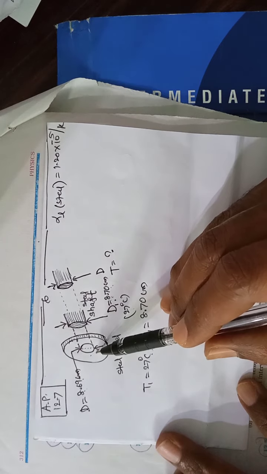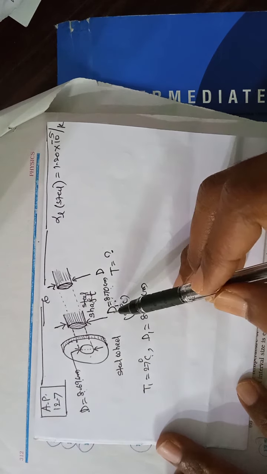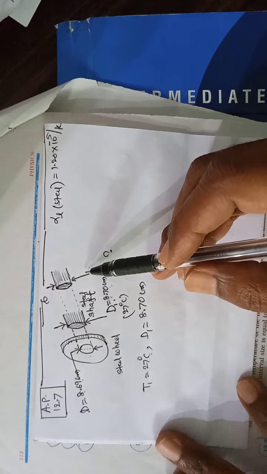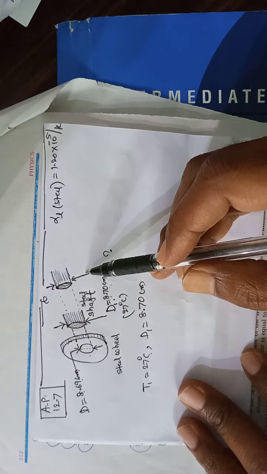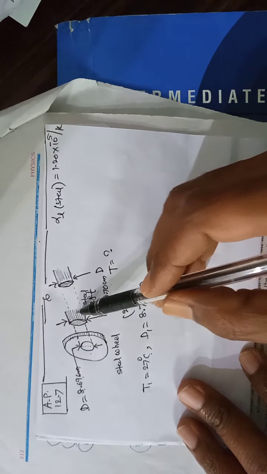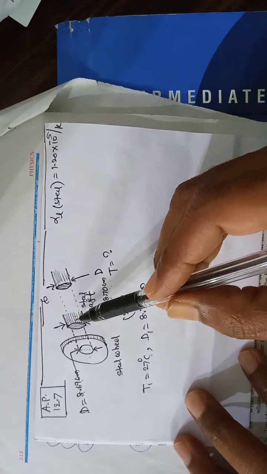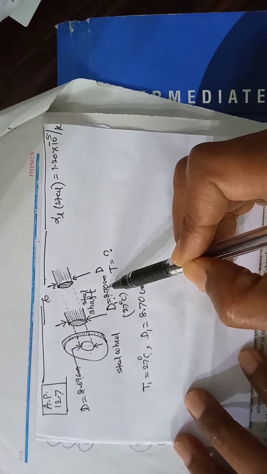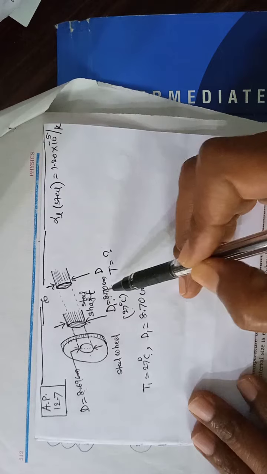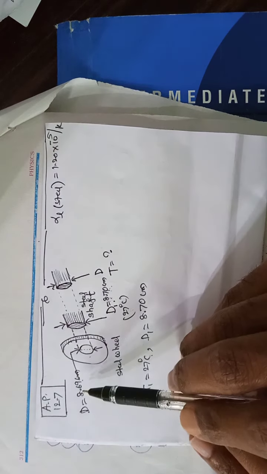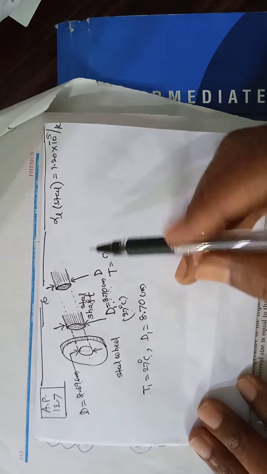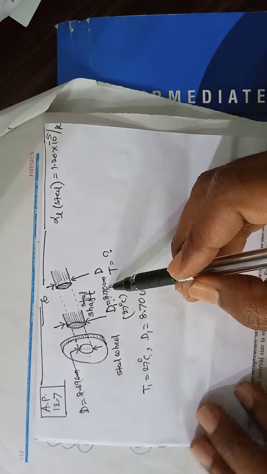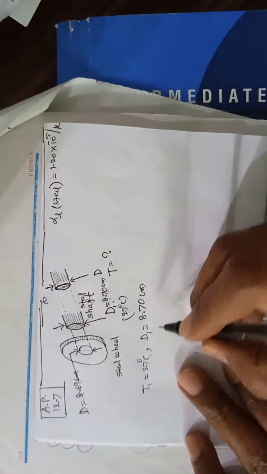So to fit this onto the shaft, what have they done? They used dry ice and decreased its temperature. If you decrease its temperature, its diameter decreases. So its diameter is decreased to this value. If this is D1, this will become D2.